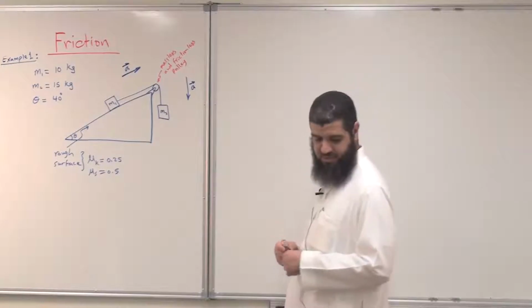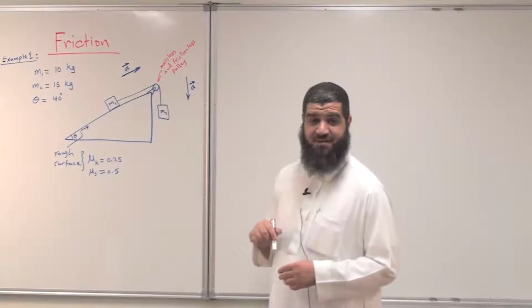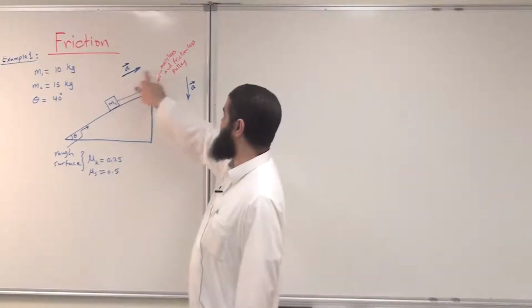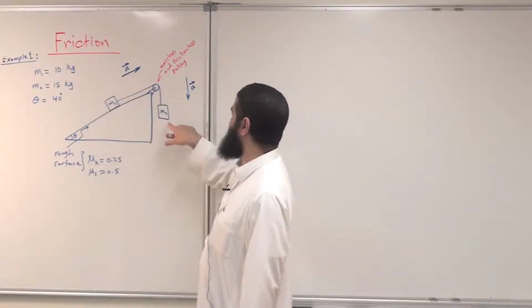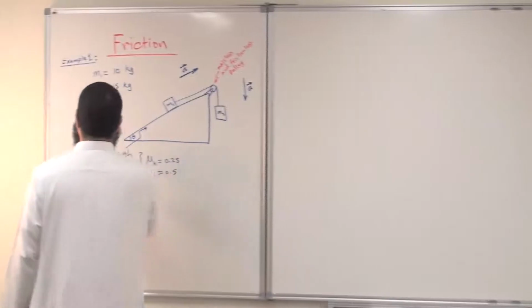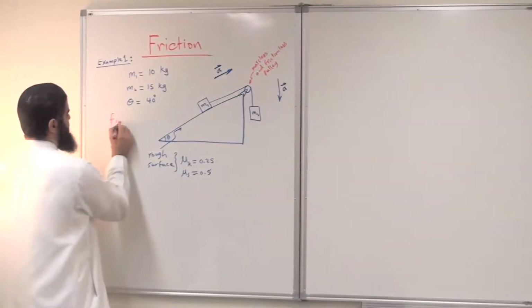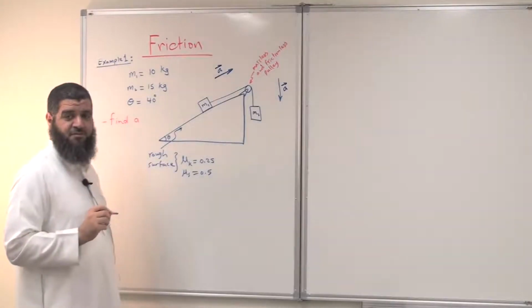What we would like to find is the acceleration, and it is also given that the motion is in this direction, and there is an acceleration. So M1 is accelerating upward, and M2 is accelerating downward. We would like to find the acceleration A. It will be the same acceleration for both objects.